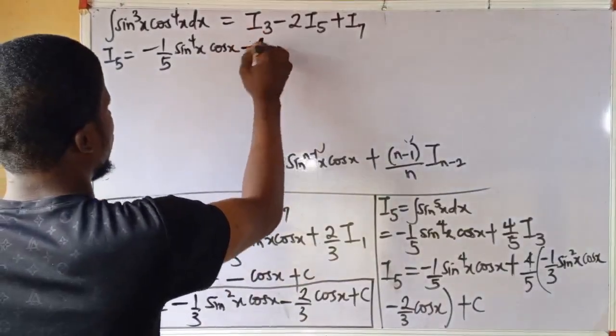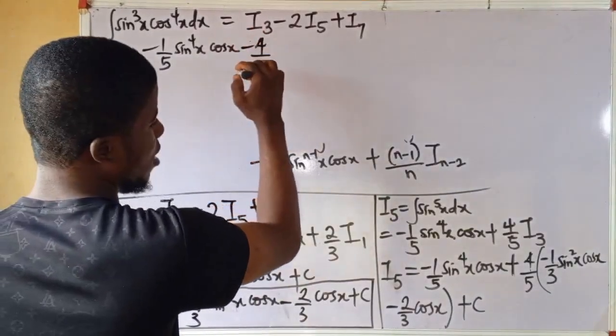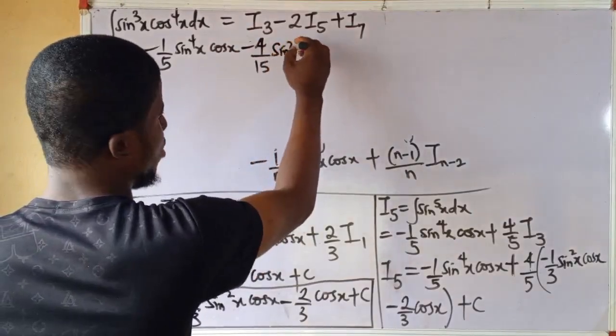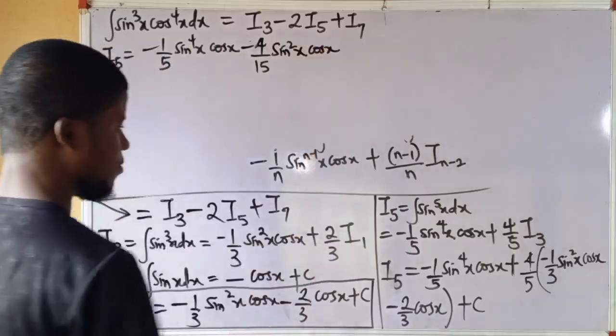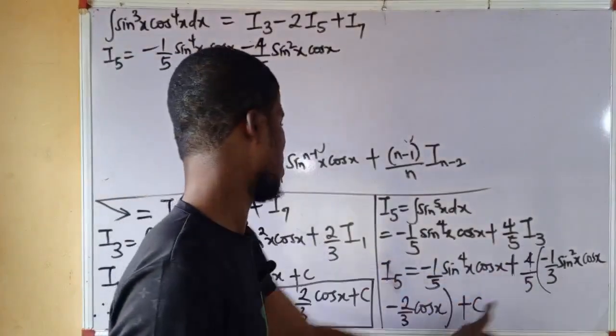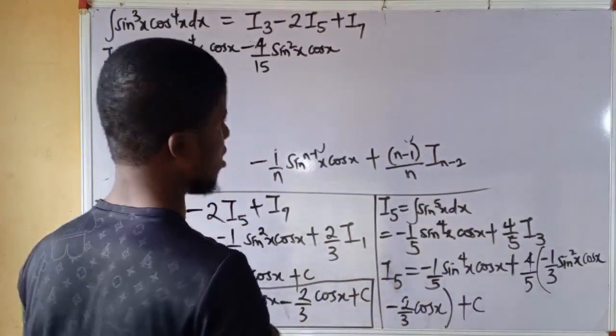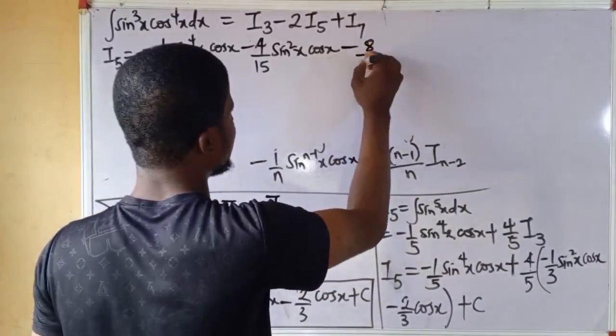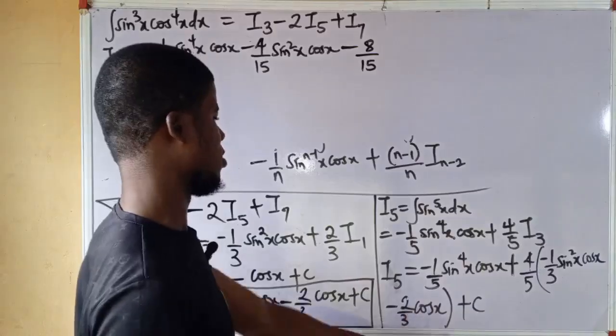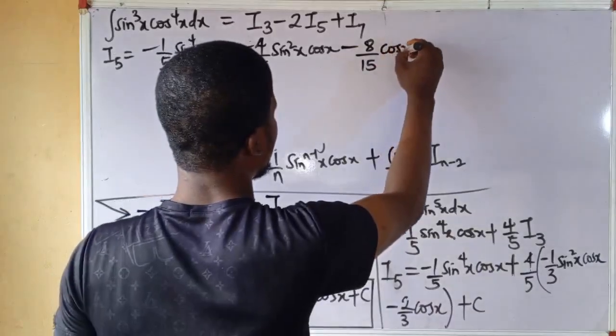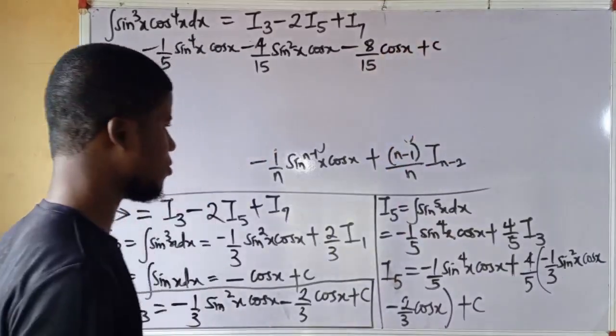Then we have sine squared x cos x. Then 4 over 5 times minus 2 over 3. That's minus 8 over 15 cos x, plus the constant of integration.